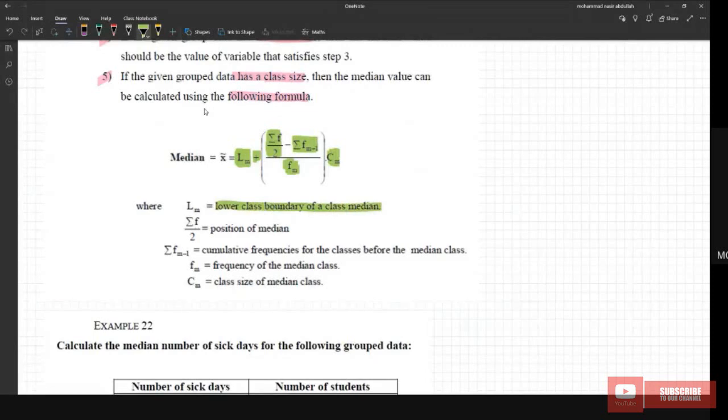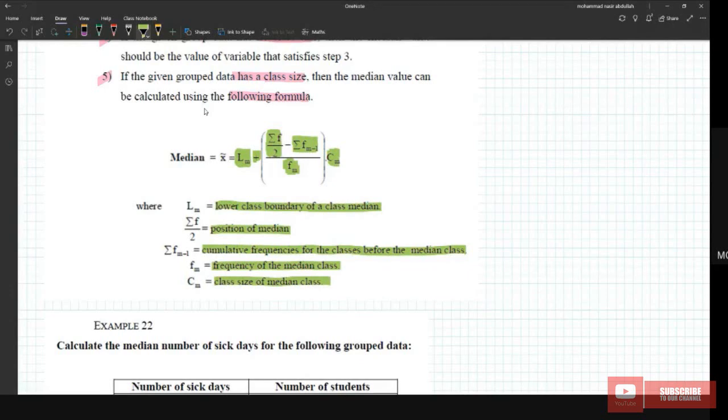Summation of f divided by 2 is the position of median. Summation of fm minus 1 is the cumulative frequency for the class before the median class. Fm is the frequency of the median class. Cm is the class size of the median class.